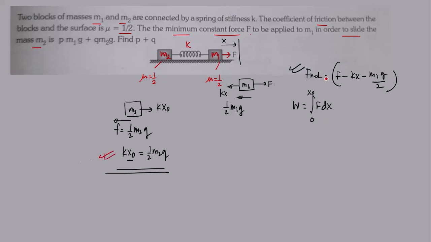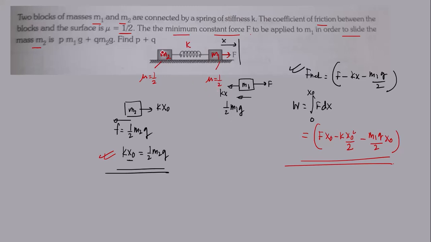Doing the integration, I get F times x0 minus K x0 square by 2 minus m1g by 2 into x0. That is the work done, and it gives the change in kinetic energy.